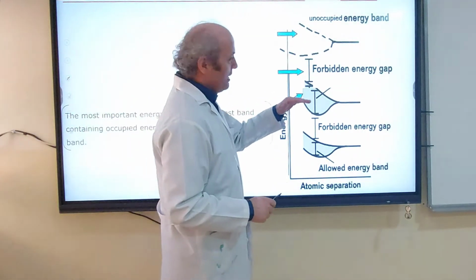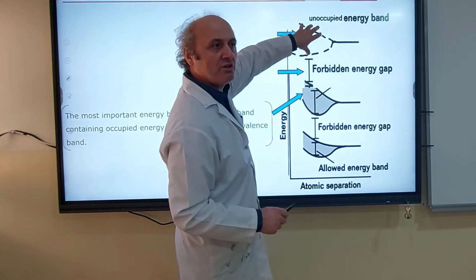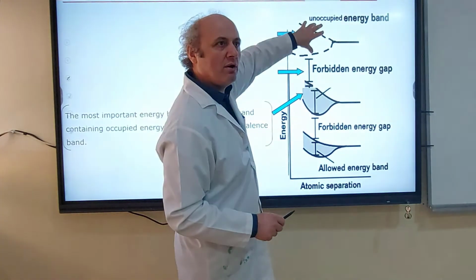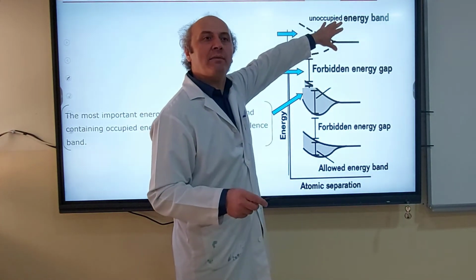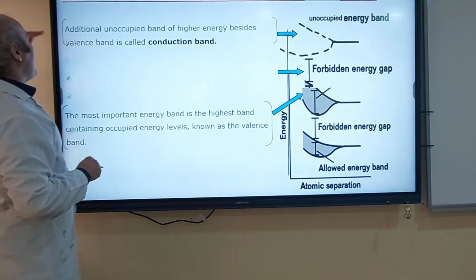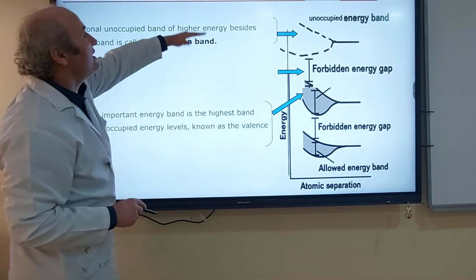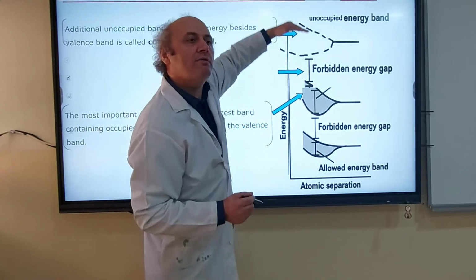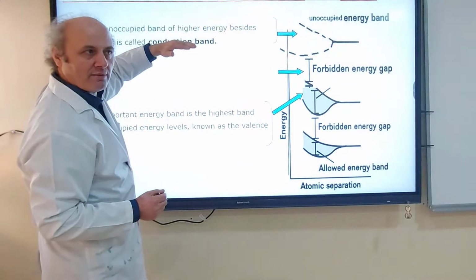But above this valence band, there is one more energy band, but it's not occupied. There is nothing. Empty. This unoccupied energy band is given a name: conduction band. Additional but unoccupied, empty, a band of high energy above the valence band is called the conduction band.